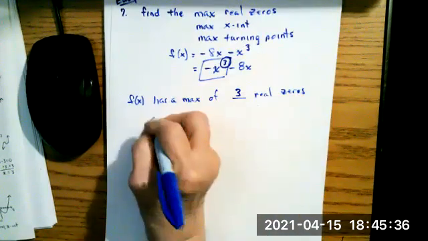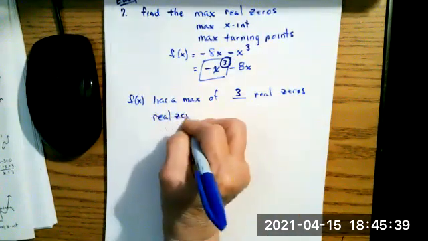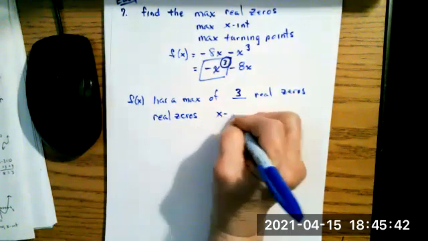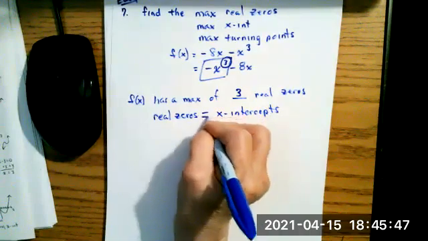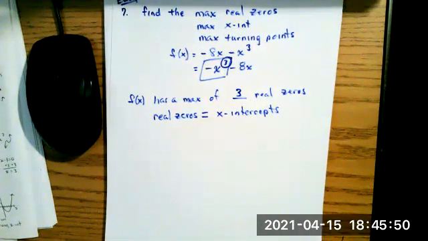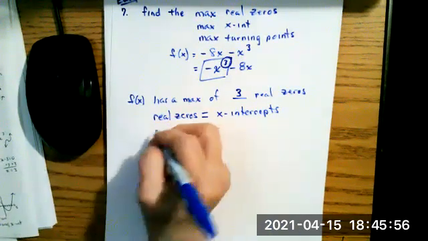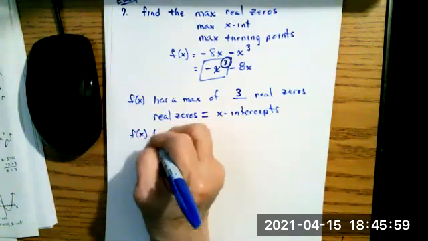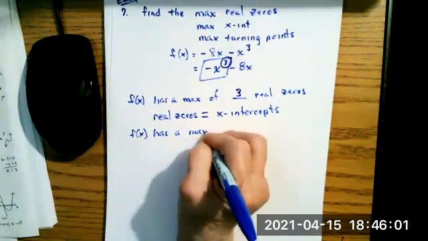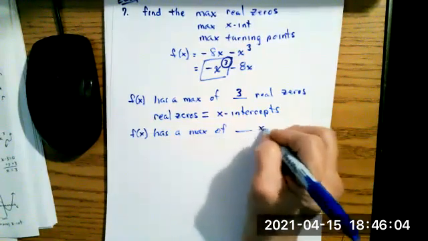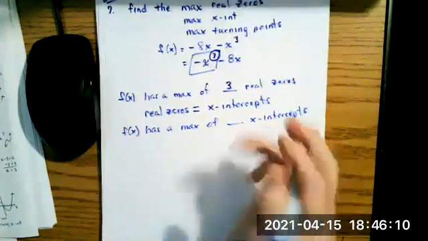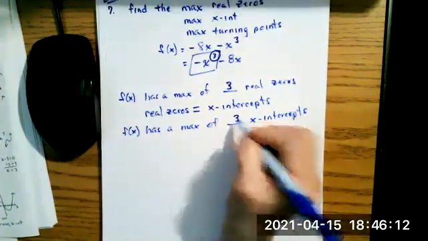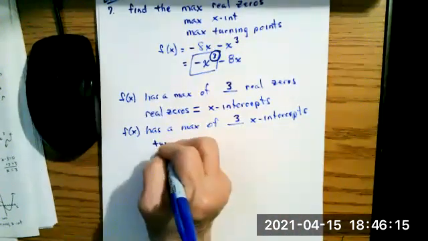What do you know about real zeros and x-intercepts? They're the same. Real zeros is equal to x-intercept. So the next one says f of x has a maximum of blank x-intercepts. So what would you put in there? 3. And what do you know about turning points?